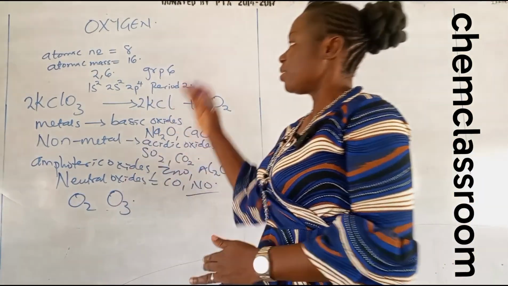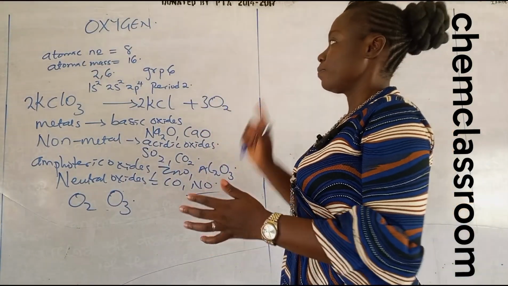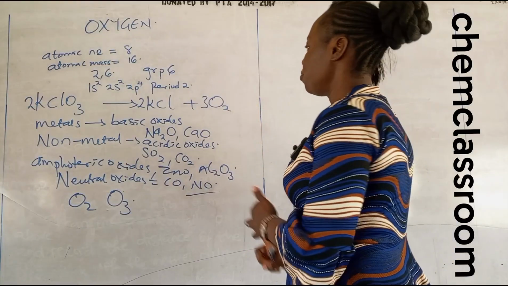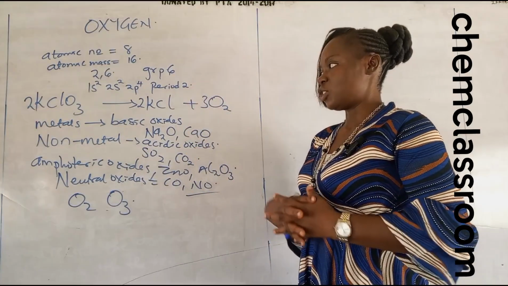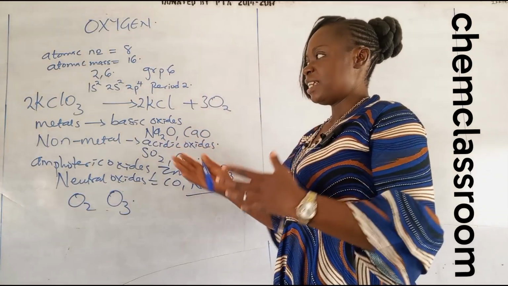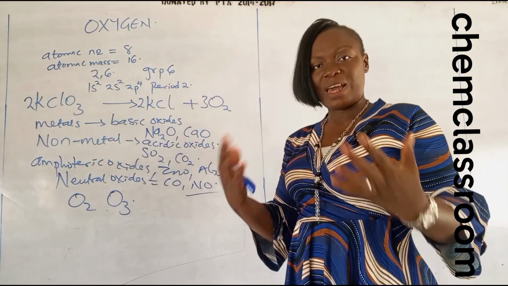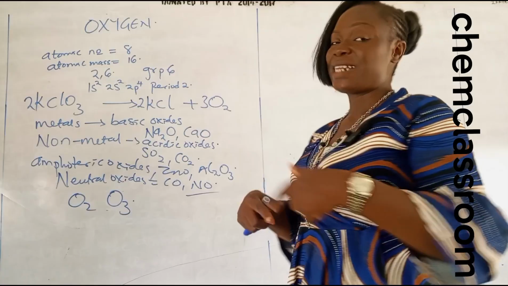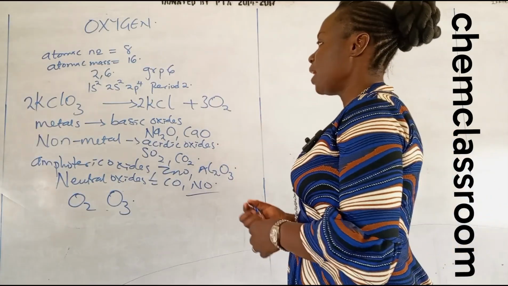Having said that, we have been able to talk about what oxygen is, the group and the period. We even have the SPDF notation, the laboratory preparation of oxygen, then the physical properties: a colorless, odorless gas that is slightly soluble in water.